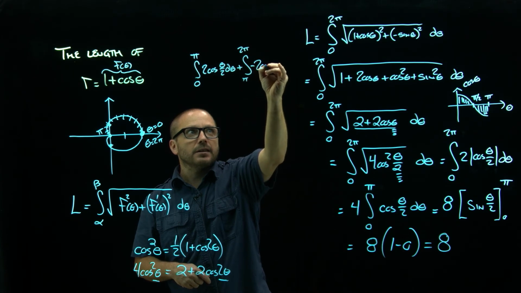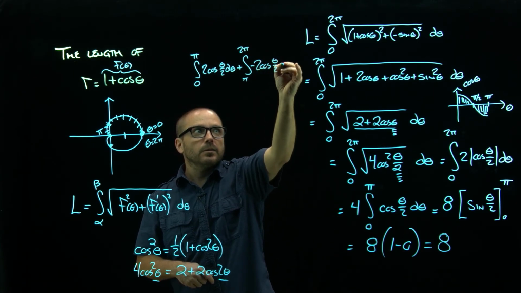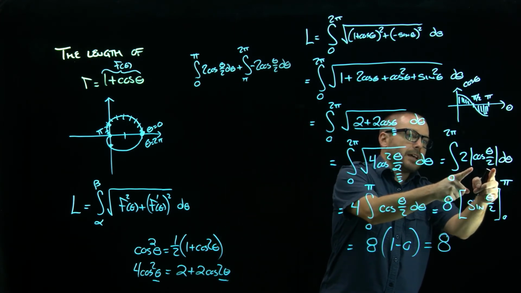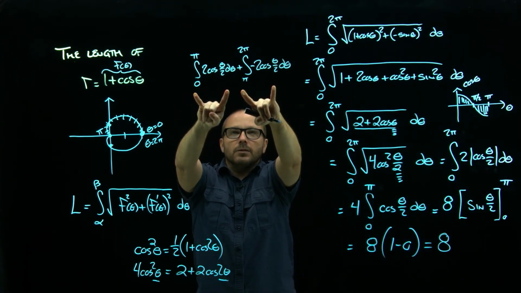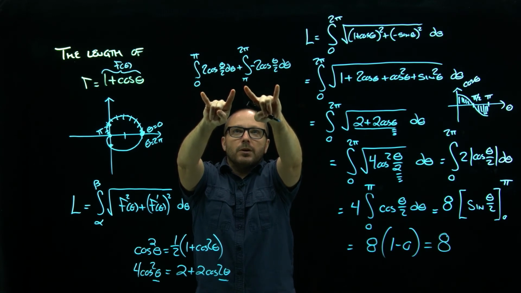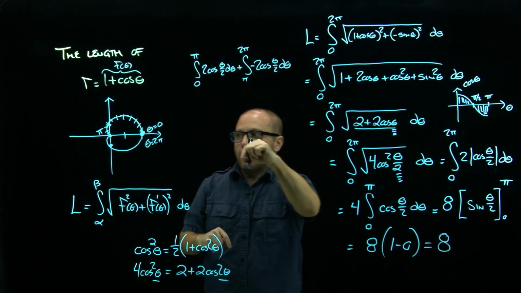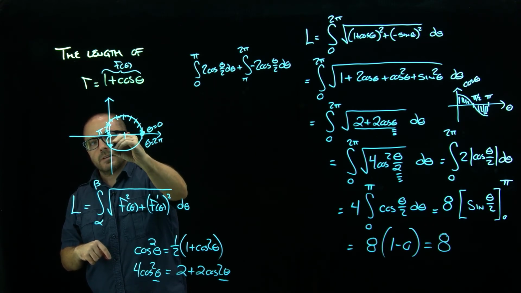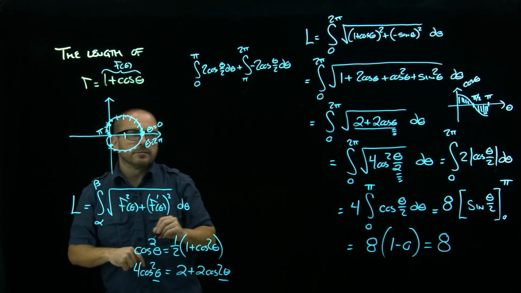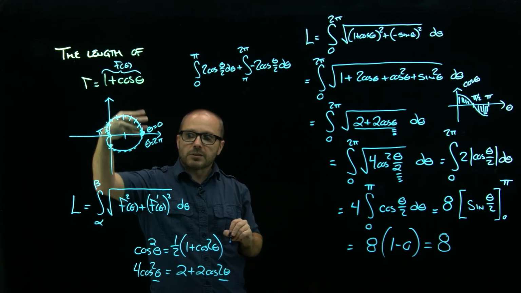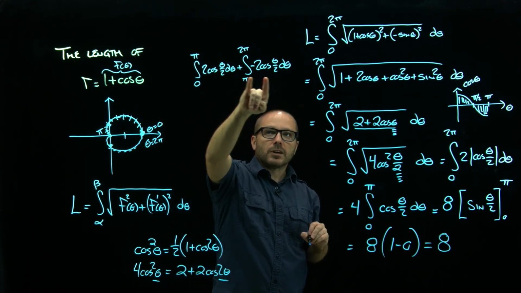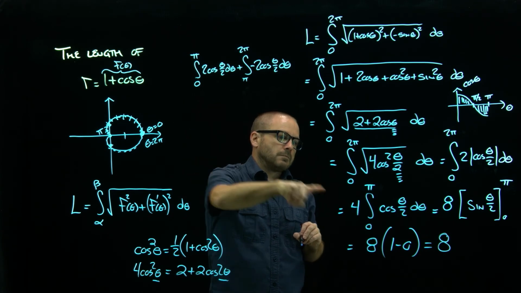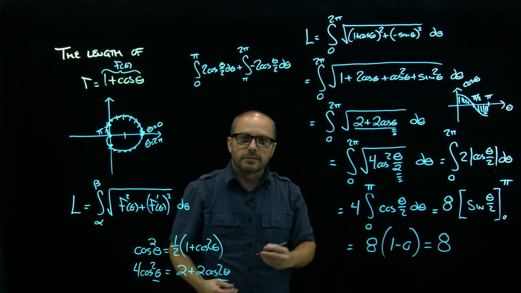So now it's negative 2 cosine theta over 2 d theta. So you would have to break this up into those two integrals, but really the first one's giving you the top half, the second one's giving you the bottom half. And since there's symmetry here, these two things come out the same, so you just get twice the first one, which is why we have 4 there.